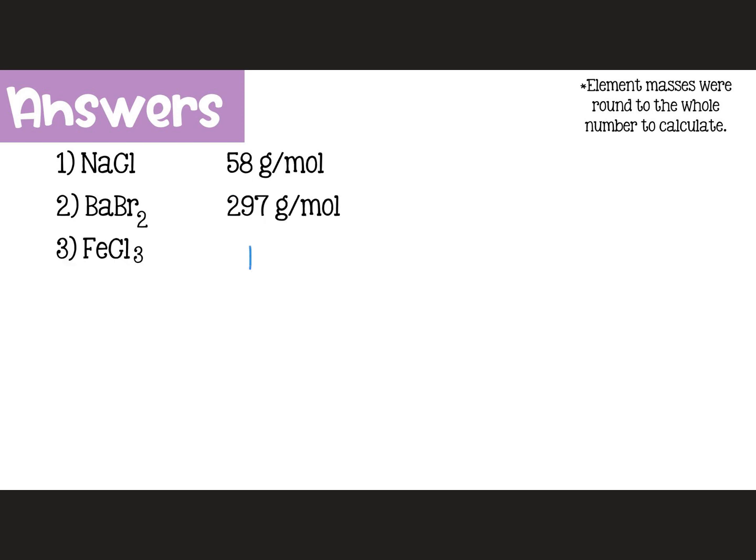Now let's look at another example. Iron 3 chloride. There is one iron atom and 3 chlorine atoms. Iron has an atomic mass of 55.845 and chlorine has an atomic mass of 35.453.